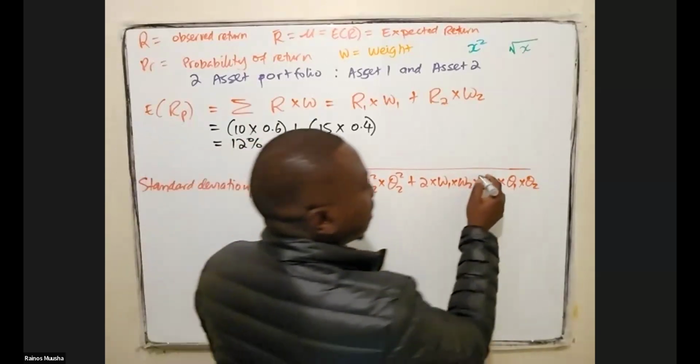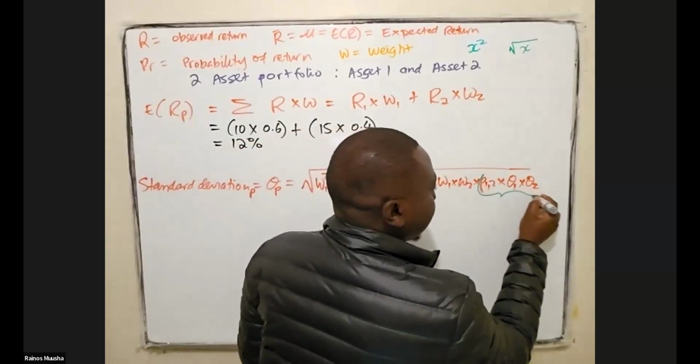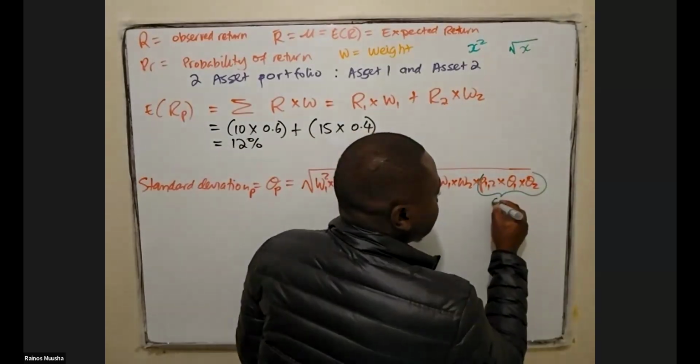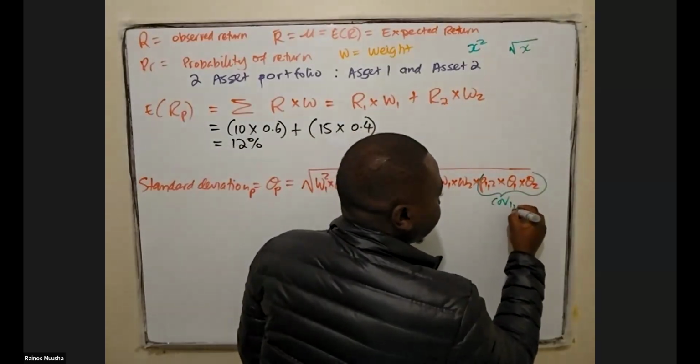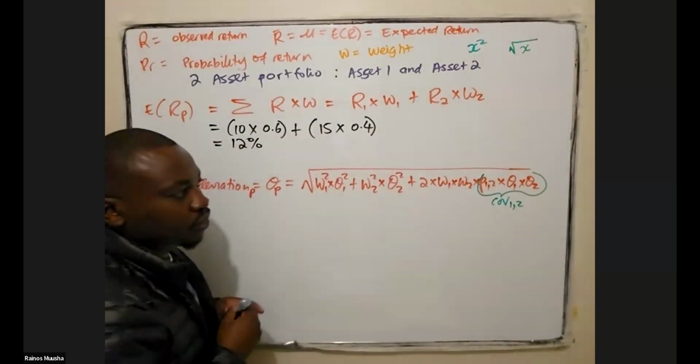Please note, this part of the formula represents the covariance of asset 1 and 2.